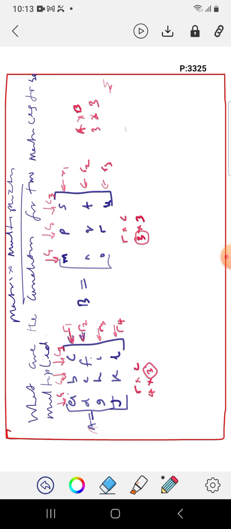If you look at B times A, then we are looking at 3 by 3 and 4 by 3. The columns of B is 3, and the rows of A is 4.